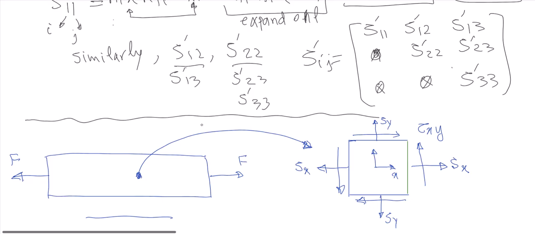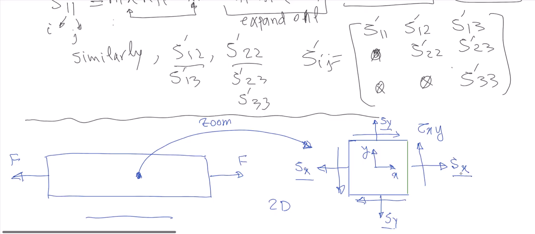If we zoom in to that point and consider a stress element, as we call it, and define local coordinates x, y, the stresses at that point are defined like this, at least in 2D, two-dimensional plane stress. Sx and Sy are normal stresses, and tau xy, which should be equal here because of equilibrium, is shear stress.